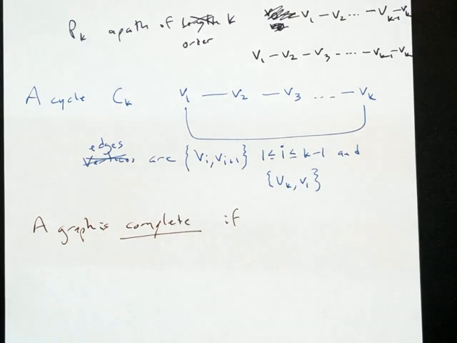What do you think the adjective complete could be used for to describe a graph? If I say this is a complete graph, what's the adjective complete mean to you?